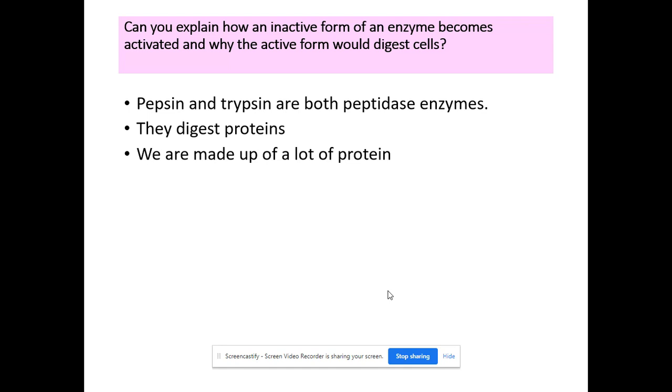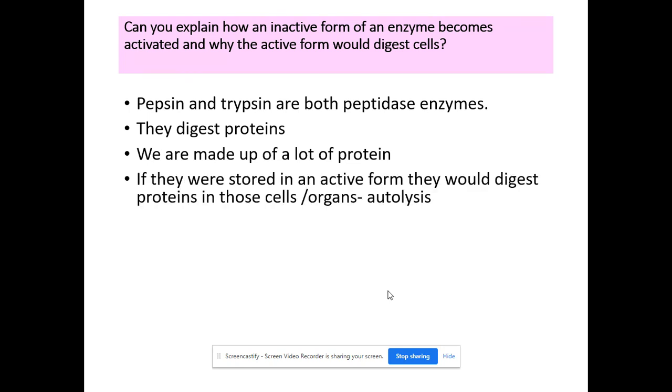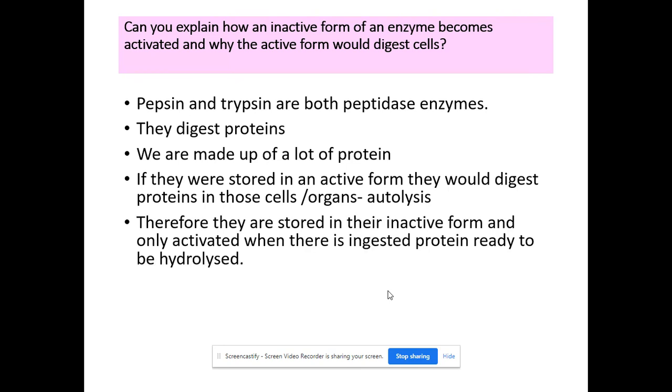If we stored them in the active form, either inside a cell or inside an organ, they would start to digest the proteins of those cells or organs. That would be called autolysis, kind of self-digestion. Therefore, they're stored in their inactive form, and they're only activated when there is ingested protein from what you've eaten, ready to be hydrolyzed.